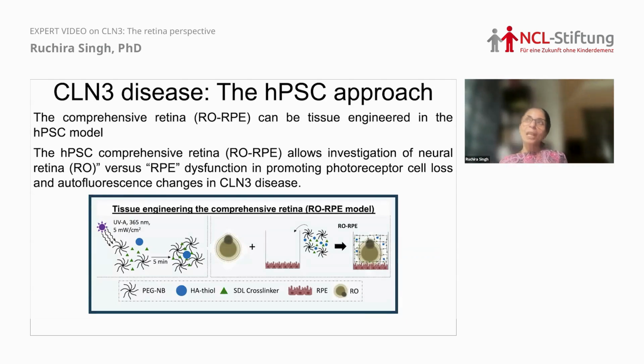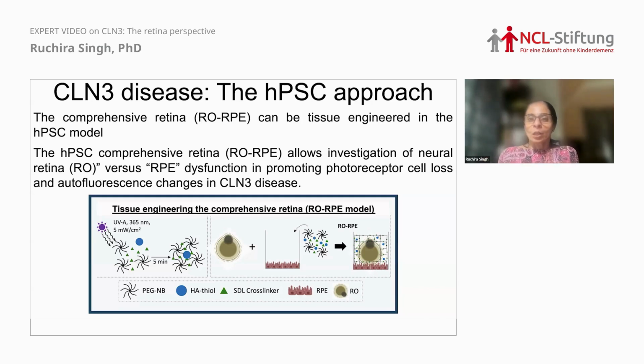However, having them as individual entities does not help resolve the need of having a comprehensive retina, because when you want to do therapeutic testing, or you want to identify a disease mechanism or validate it, you would want to see how the whole tissue is behaving.